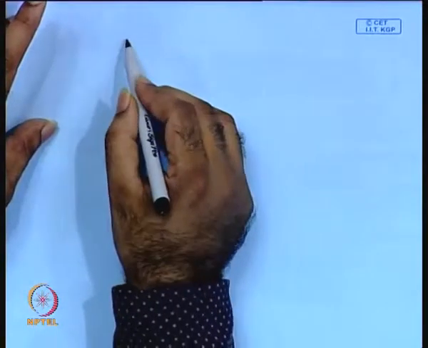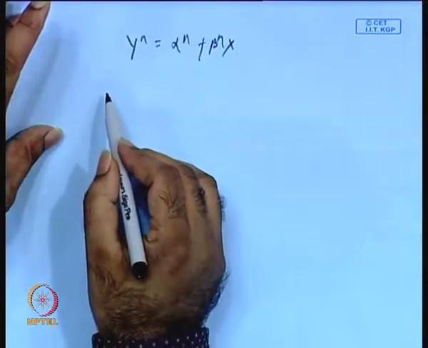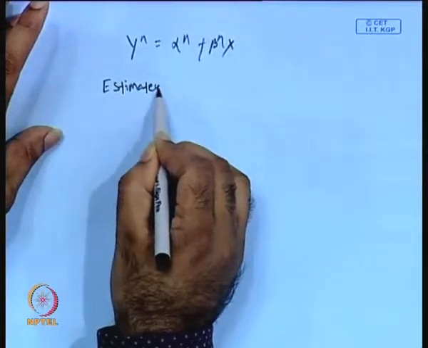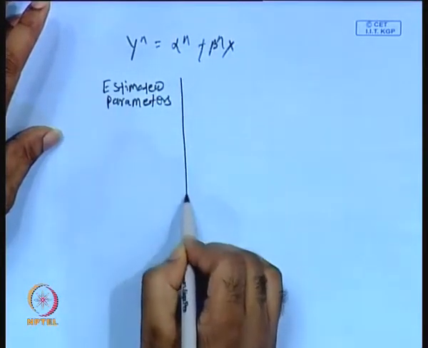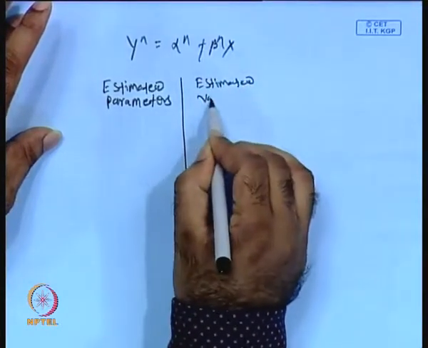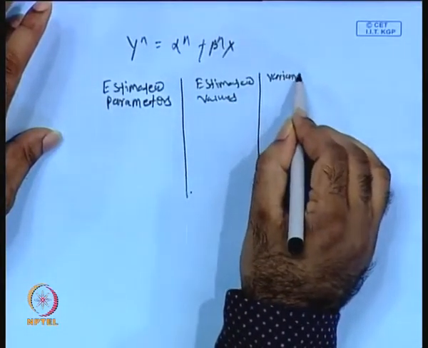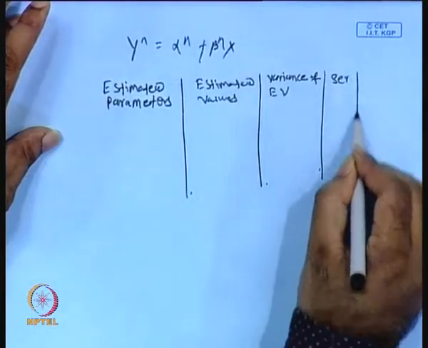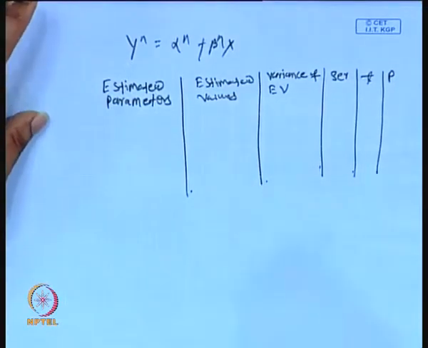When we have the estimated model y hat equal to alpha hat plus beta hat x, the standard table we have to design is as follows. The first column has the estimated parameters, then the estimated values, then the third column represents the variance of the estimated values, then the standard error, then the t statistics, then the probability, the probability level of significance.